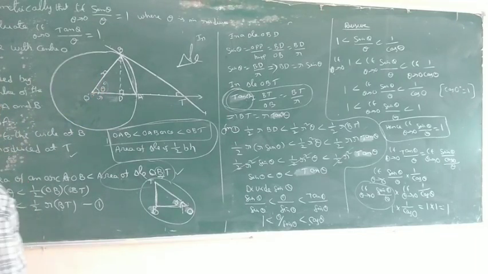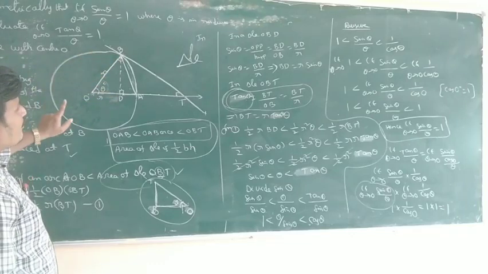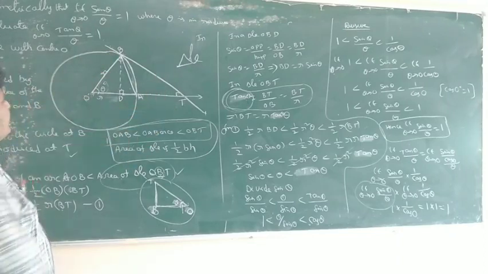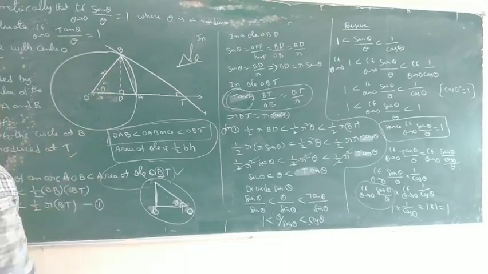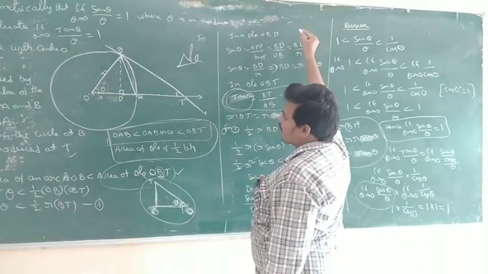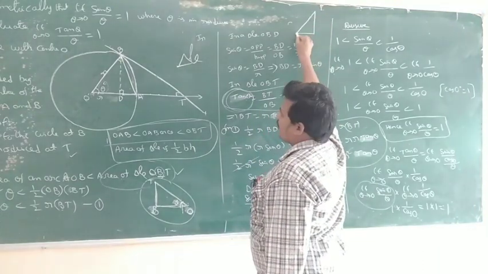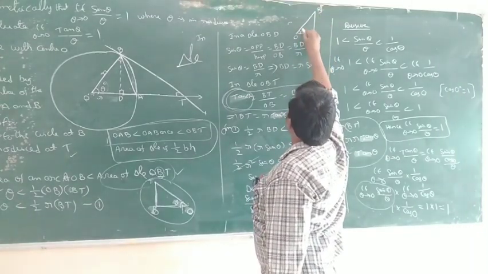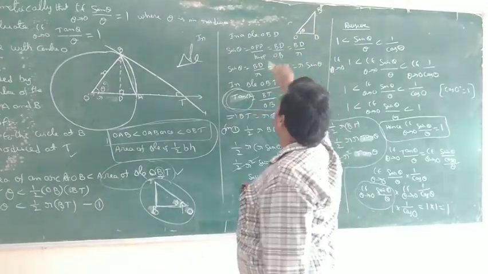So sin theta is equal to opposite side BD by hypotenuse OB.